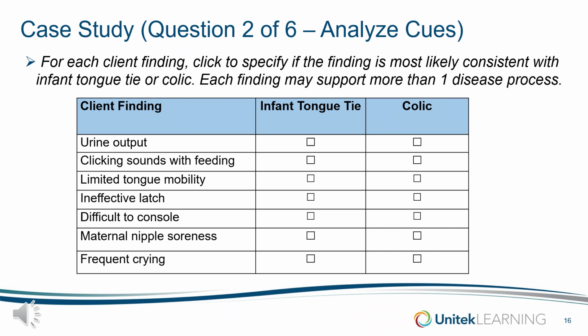For example, urine output noted in the chart is either consistent with the tongue tie, true or false. And then before moving on to another column, finish comparing each of the findings individually against tongue tie. And then move on to the options for colic. So one box at a time.